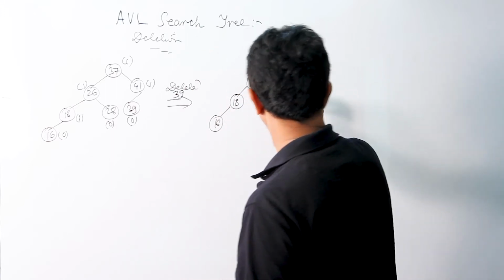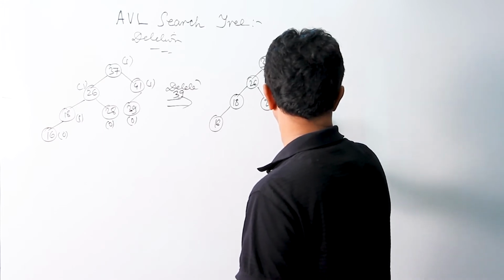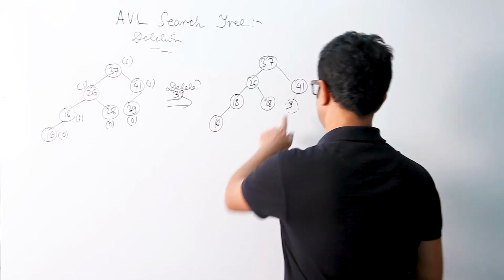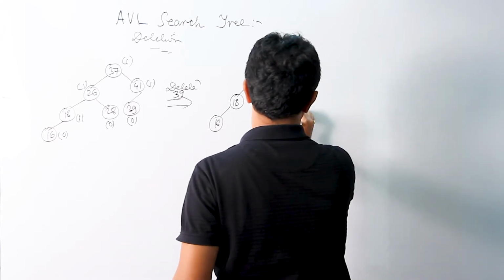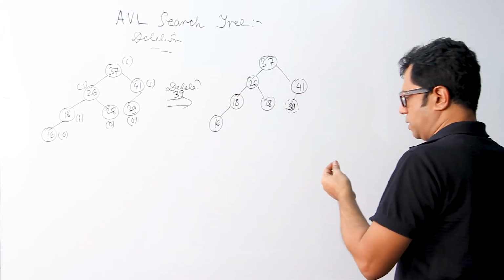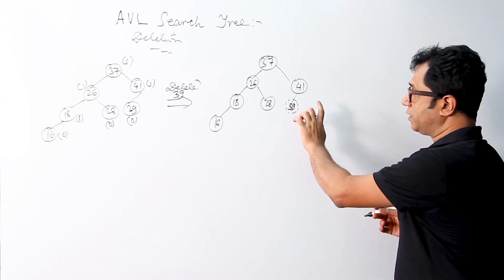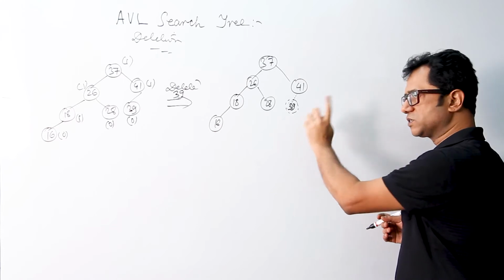So this 39 has been deleted. But we will consider the 39 to be here, if 39 would have been here, the situation would look like this, but the 39 is not present over here.